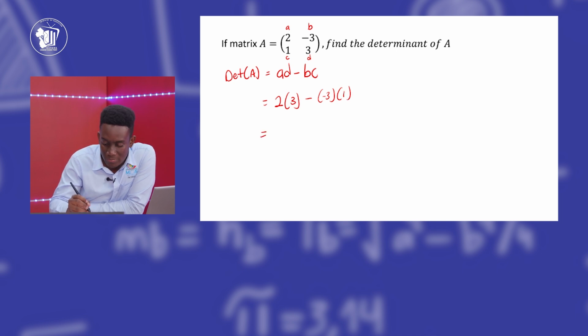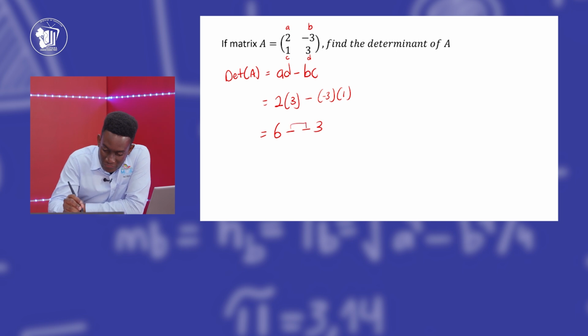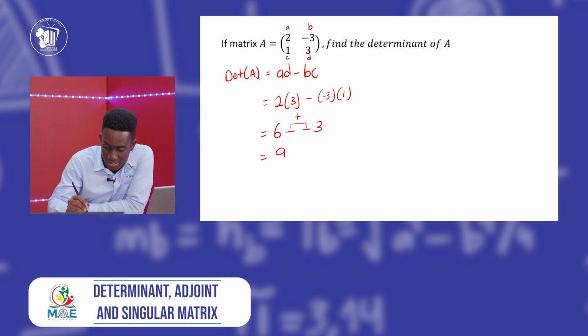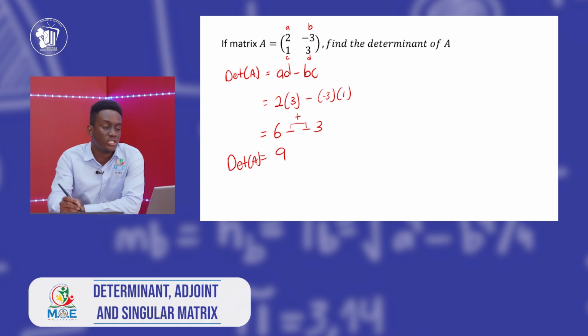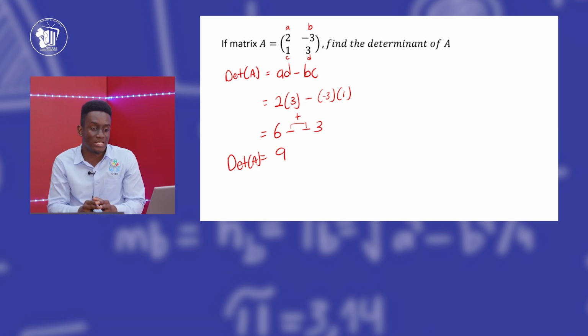So 2 multiplied by 3 is 6, subtract negative 3 times 1, which is negative 3. A negative and a negative will cancel out and give you a positive. So we now have 6 plus 3, which is 9. So the determinant of A is equal to 9 in this case. You just need to pay keen attention to the signs when answering these questions.